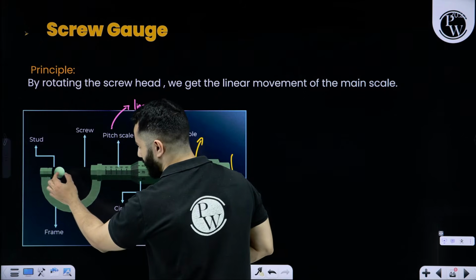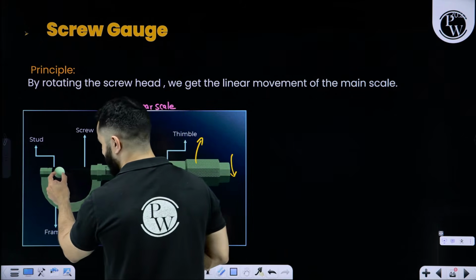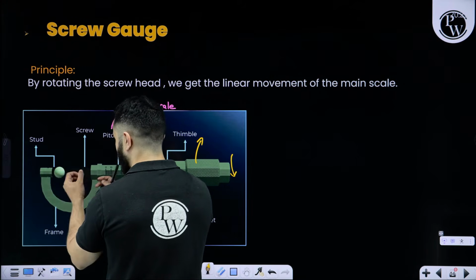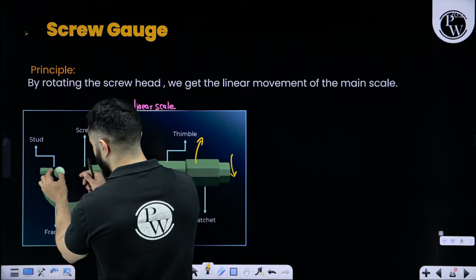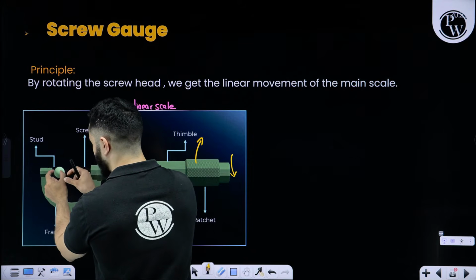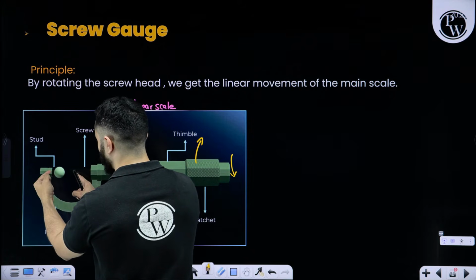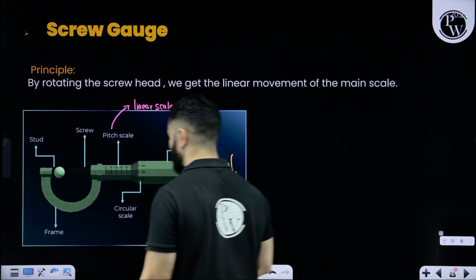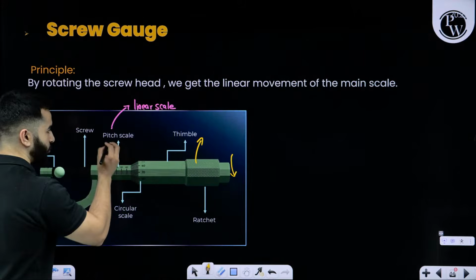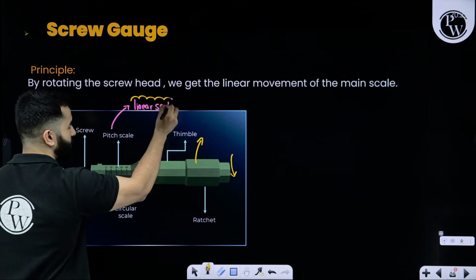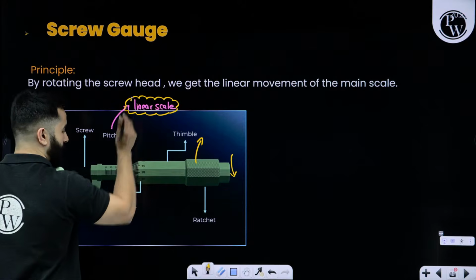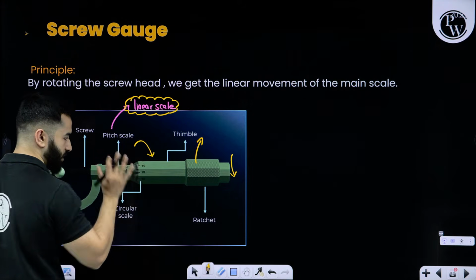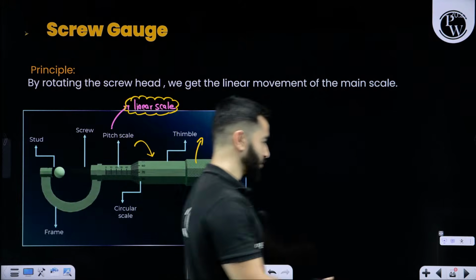Then we can place any ball or any material whose diameter we want to calculate, and when it is screwed, it will get tightened between these two screws and this stud. At that point, we start to take our reading, and again we start with the linear scale first, and after taking the reading on the linear scale, we jump to our circular scale. Clear? Now see how it works.